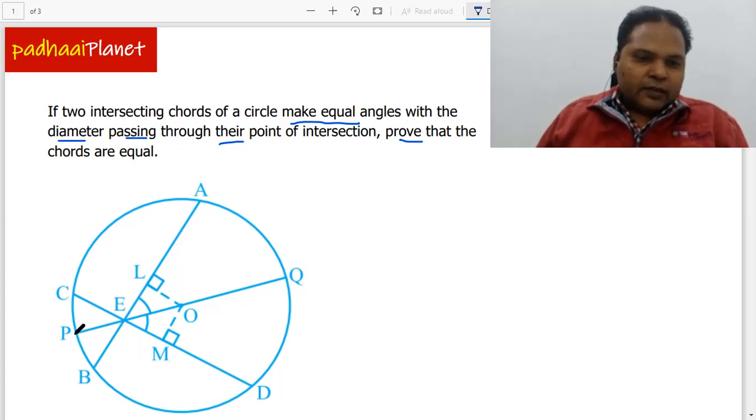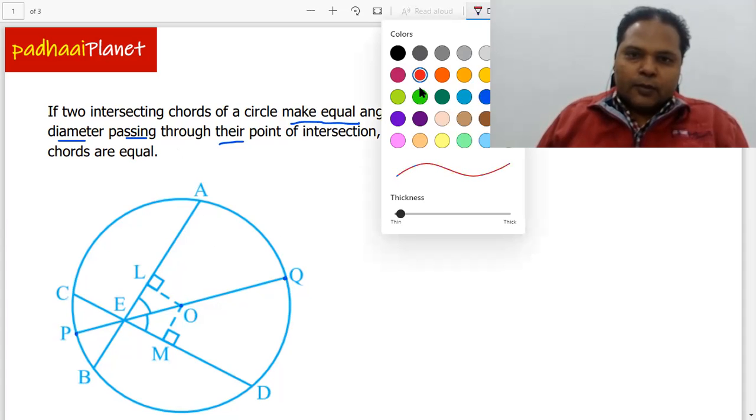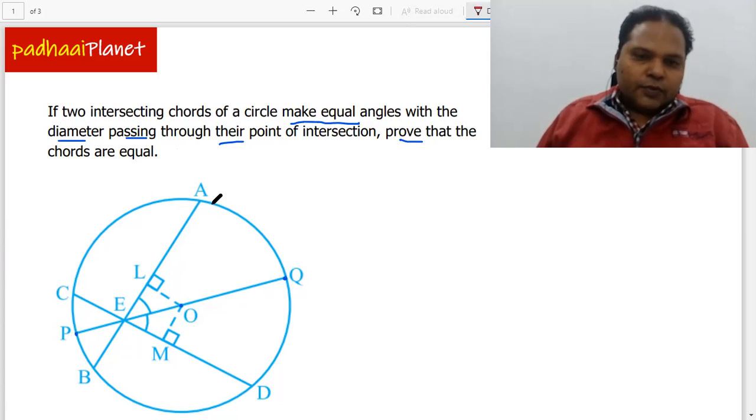Here we have this as diameter PQ, and O being the center point of the circle. Now here the two chords which are drawn are AB and CD, right?